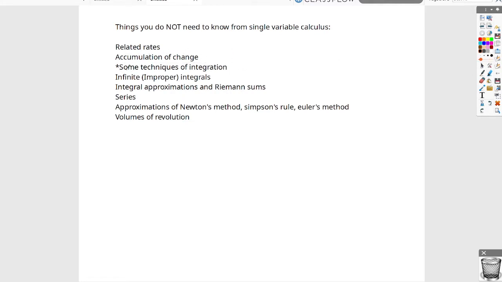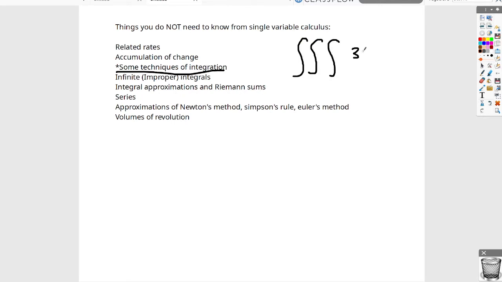You don't need to know some techniques of integration. Some. You might need to know them depending on what class you take, but for the most part, the integrals that you do in Calculus 3 are not going to be that hard.